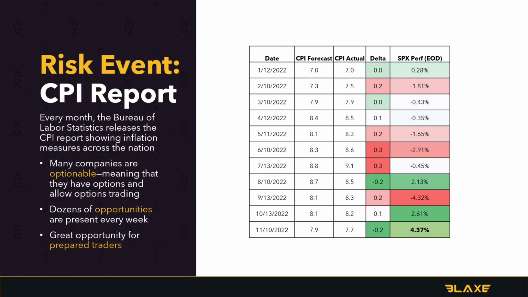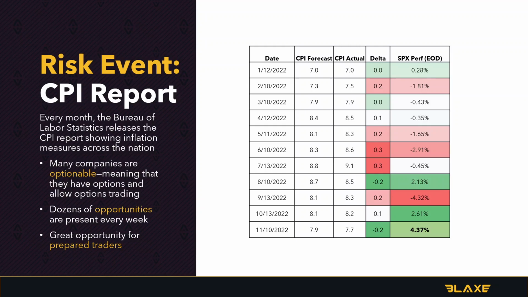Well, the good news here, if you look at the data here, you can see that there's correlation between how the S&P 500 performs, and I'm looking at the end of the day, but typically you can measure this from just the onset of the news event. The CPI report happens just about the same time in the middle of the month every month. So again, this is an opportunity that you will see over and over again.